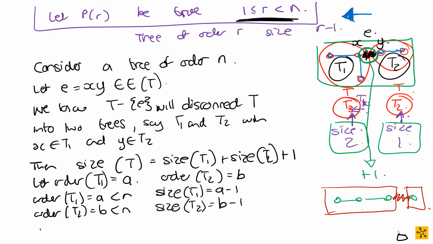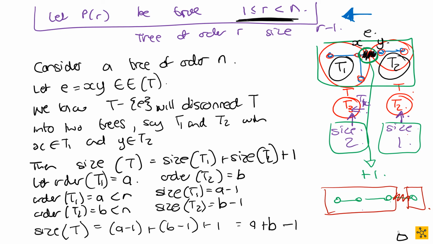So now we can actually say that the size of T is equal to A minus 1 plus B minus 1 plus 1, which is equal to A plus B minus 1. And then you have the situation of A plus B is equal to N. Why is that? Because again, when you're removing an edge from your graph, you don't change the order of the graph itself.